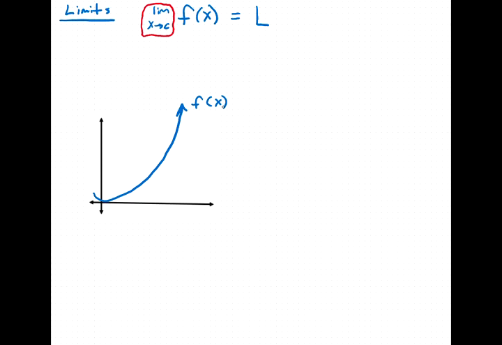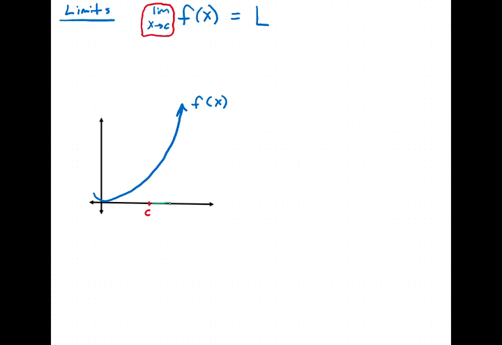Let's say the limit as x approaches c, which means we're looking at x values close to some given number. We'll call that c. And what this L is, it's the y value that the function values are approaching as x values get closer and closer to c.